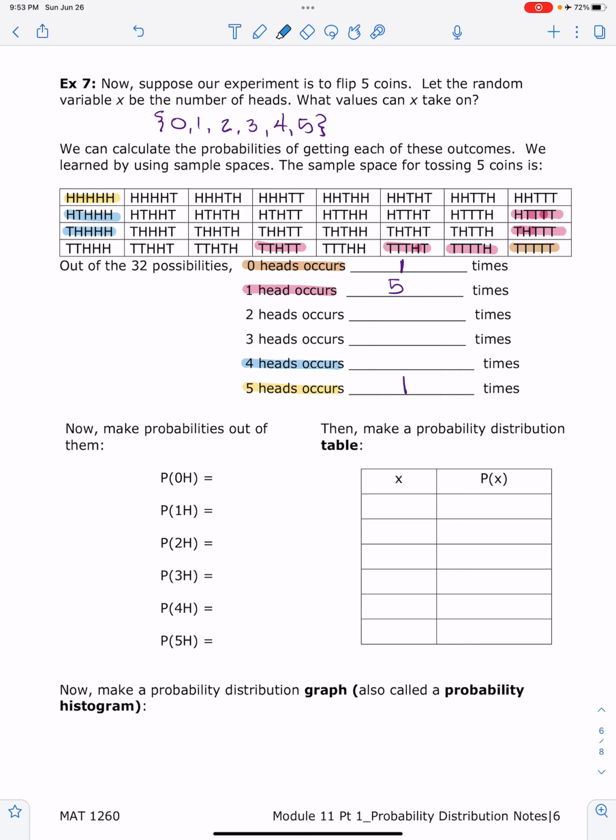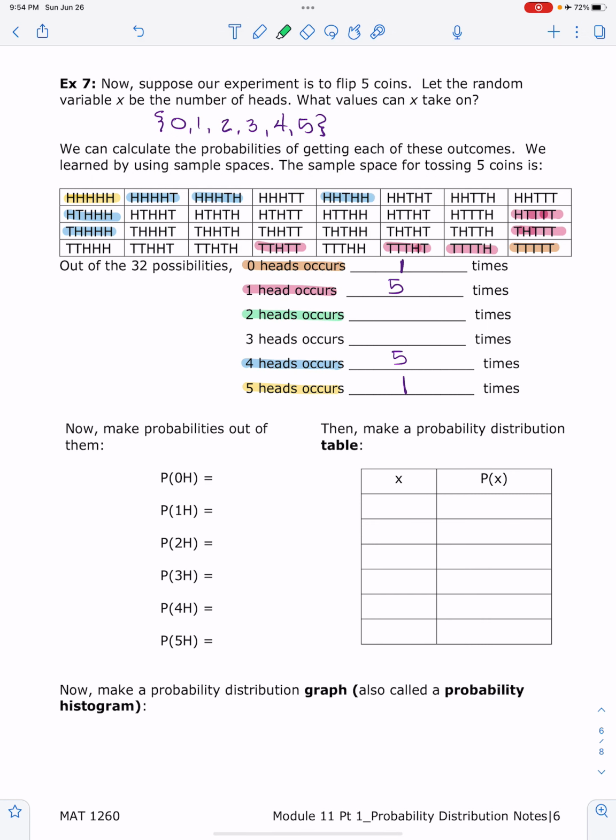There's our tail in the third spot, fourth spot, and fifth spot. So again, 5 ways to get 1 tail, which would be the same as getting 4 heads.